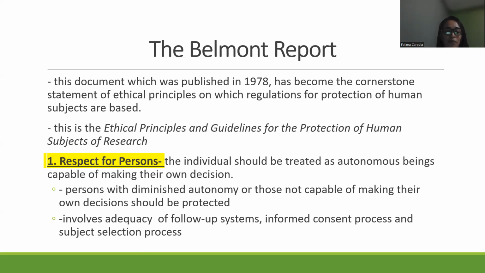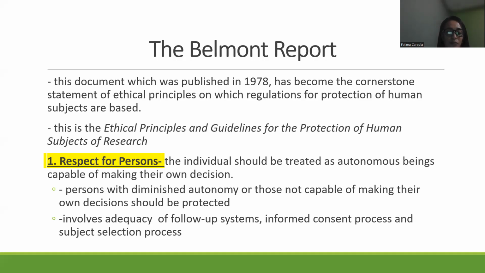So the principle of respect for persons is divided into two separate moral requirements. Number one, the requirement to acknowledge the person's autonomy, and number two, the requirement to protect individuals with diminished autonomy. So you have to protect the person who is capable of deciding to participate, and you also have to protect those individuals with diminished autonomy.